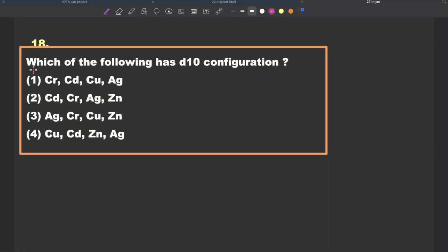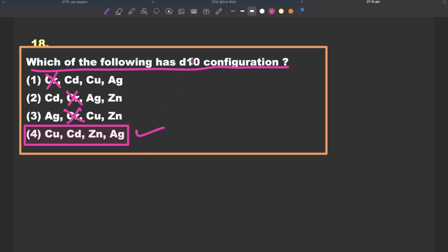Again, this is another question: which of the following has D10 configuration? Whose will be D10 configuration? Chromium has D5 configuration, so the first option is gone. The second option also has chromium, the third option also has chromium. So the answer must be the last option. The last answer is the right answer.